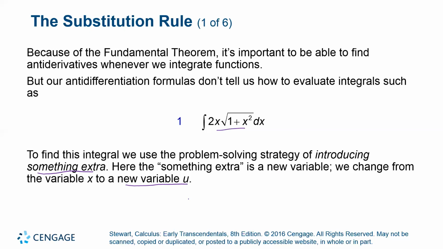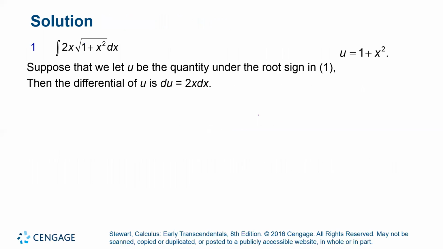So how do we find the antiderivative of this function? Well, we introduce a u. We look at this integrand. This part is 1 plus x squared all raised to 1/2, so this is a composite function.